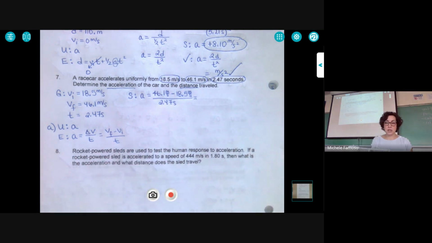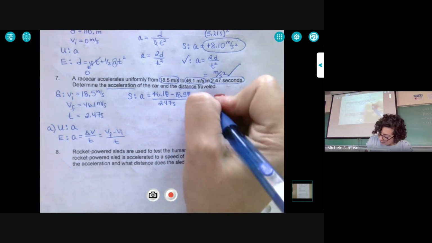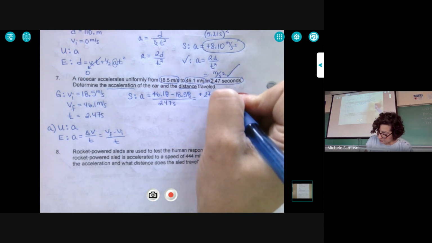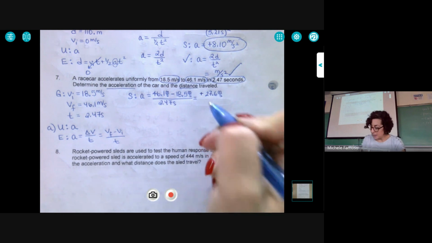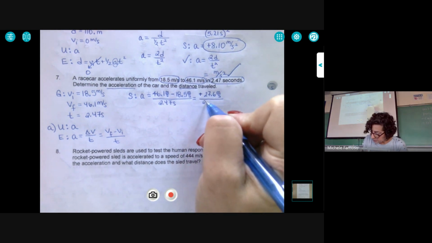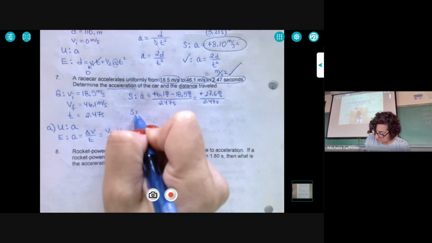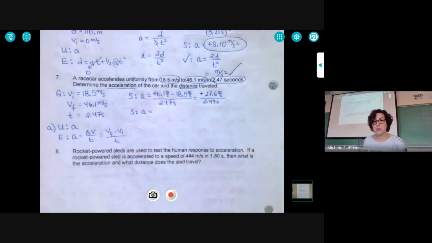That way you can pay attention to the precision. So 46.1 minus 18.5 gives me a positive 27.6 meters per second. And then I would divide that by the time, and I can see now why I'm going to get 3 sig figs. Plus, I also see the direction on this answer.